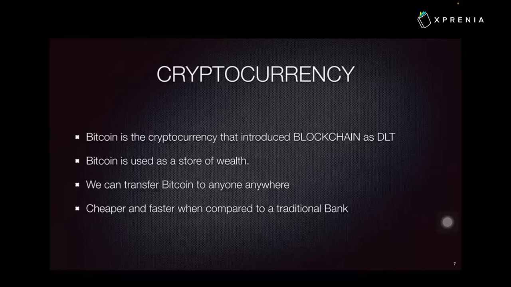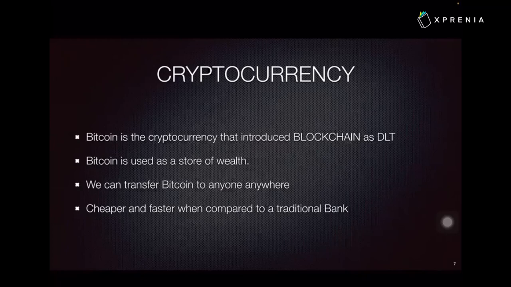So, Bitcoin is the cryptocurrency that introduced blockchain technology as DLT, the distributed ledger technology. Now, Bitcoin, what do we use it for? We use it to store wealth, and we can use it to transfer wealth or value to anyone, anywhere.